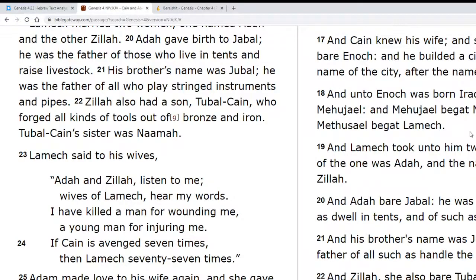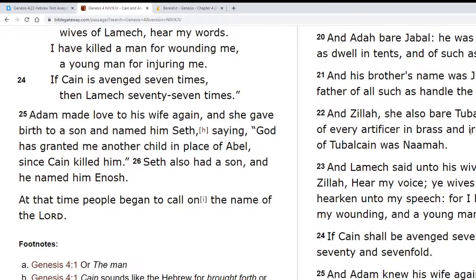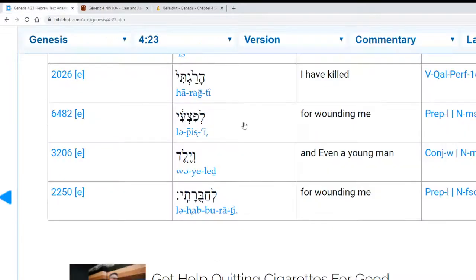King James: And Lamech said unto his wives, Ada and Tzila, hear my voice, ye wives of Lamech. Hearken unto my speech, for I have slain a man to my wounding, and a young man to my hurt. Aha. Haragti. Right.